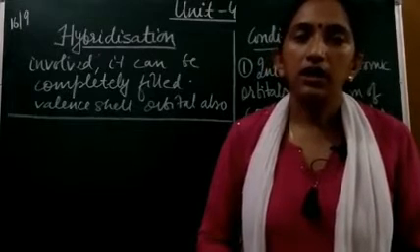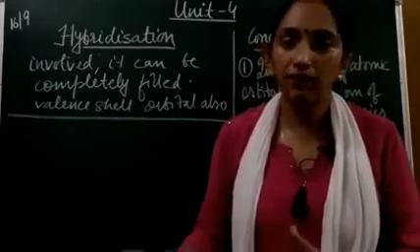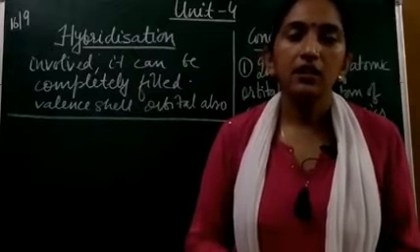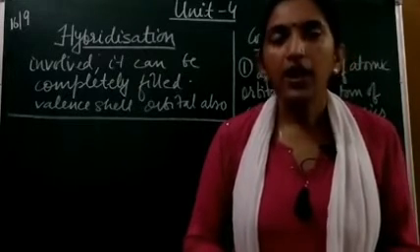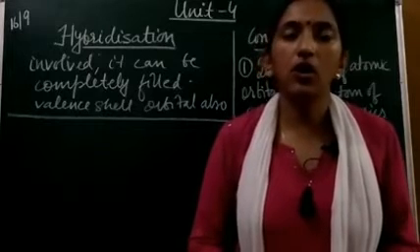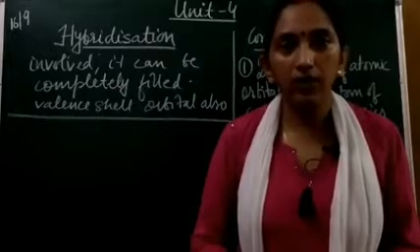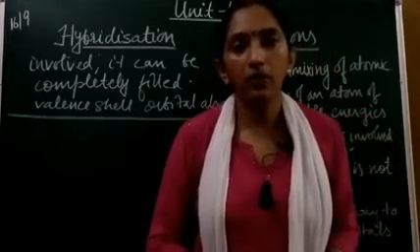Now we can say the features of the hybridization, students. Till now you must have come to know that hybridization leads to the formation of hybrid orbitals. The number of hybrid orbitals will always be equal to the number of combined intermixing atomic orbitals. If we have two atomic orbitals intermixing, we will get two hybrid orbitals.